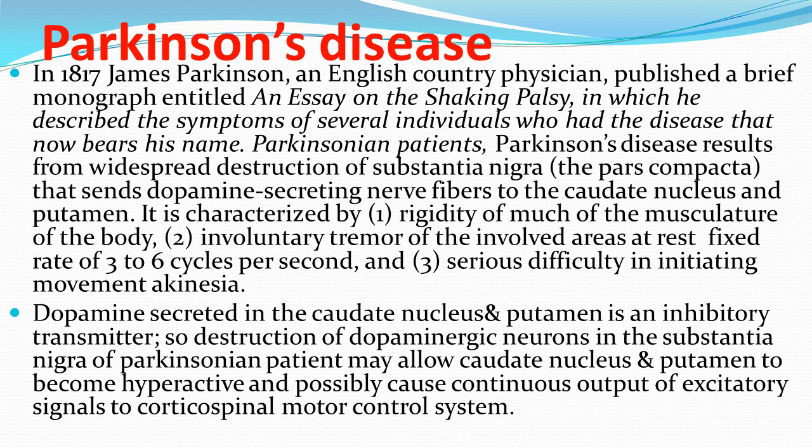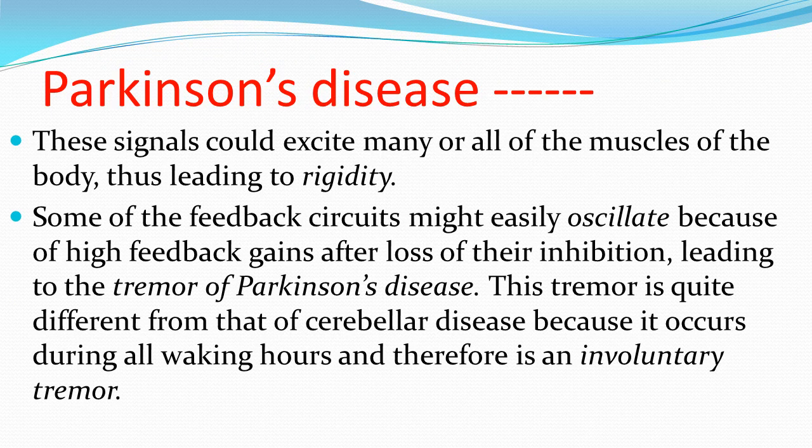These excitatory fibers cause rigidity in the muscle. This signal could excite many or all muscles of the body, leading to rigidity. Some of the feedback circuitry might easily oscillate because of high feedback gain after loss of their inhibition, leading to the tremor. Involuntary movement causes tremors.